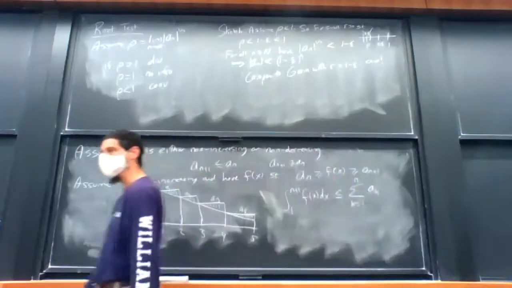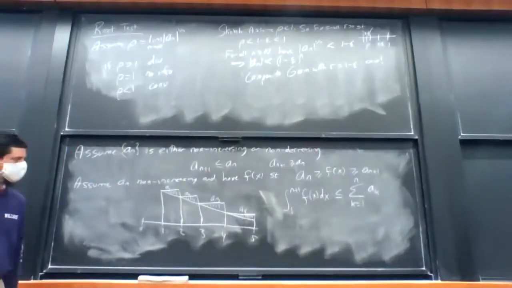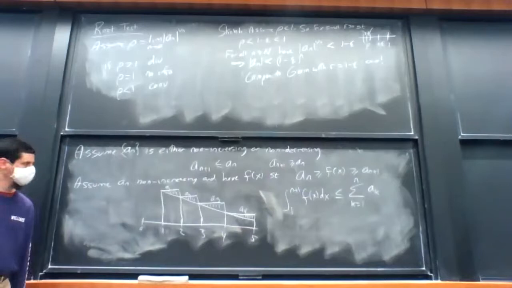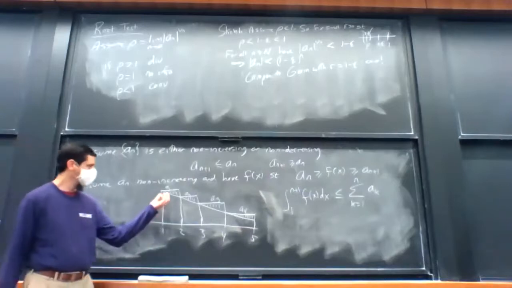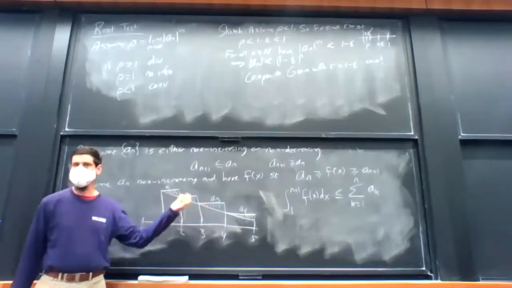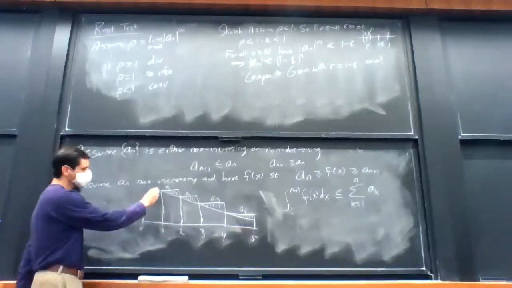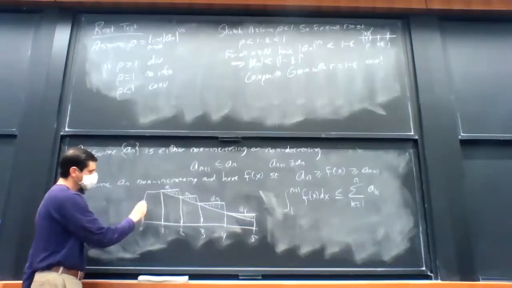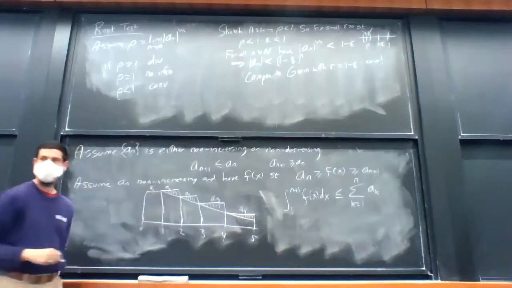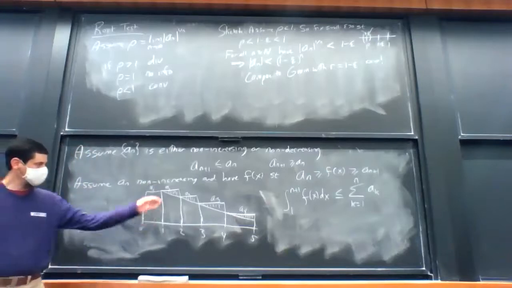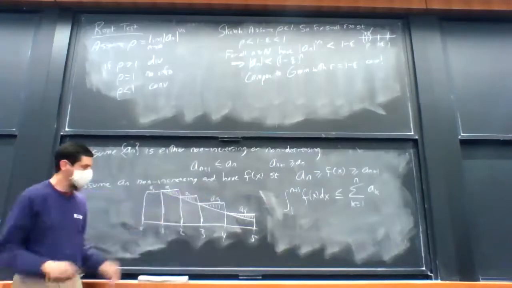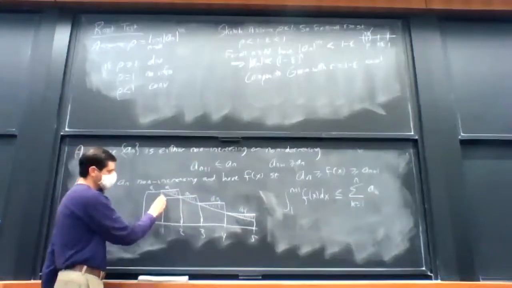Now I'm going to get an upper bound for the sum with this integral, with a little bit of a twist. Instead of going to the right, I'm going to start off by going to the left. So my first box, I'm going to draw this. The second box, instead of having a_2 go to the right, I'm going to have a_2 come to the left.